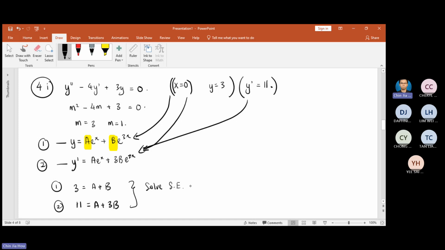If you solve it, you get a equals minus 1 and b equals 4. So you have the values of a and b, put them into the first equation, so that you get minus e^x plus 4e^3x. Done. This is your specific or particular solution.